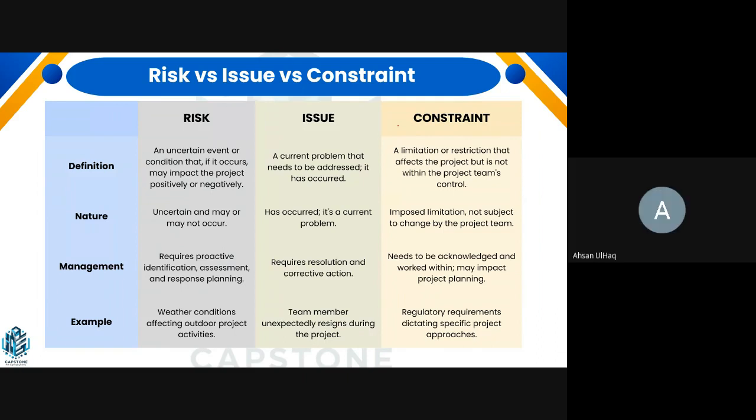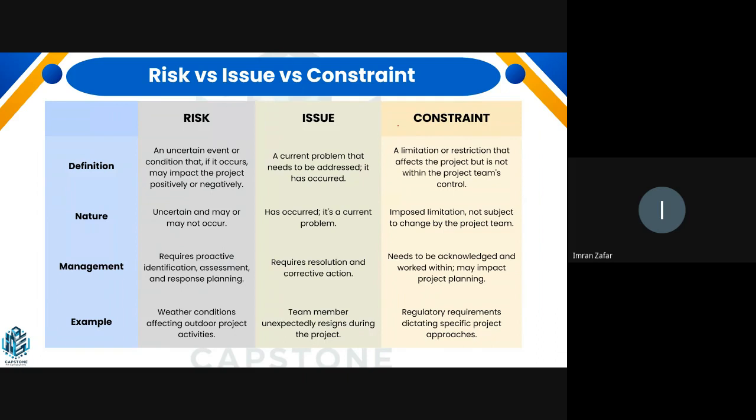Okay. What were the constraints that we talked about? What is a constraint? Constraint is something that limits your options or restricts you during your project. We talked about six constraints in the last session. It is something that you cannot change.